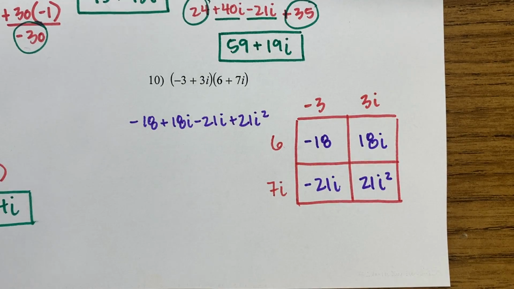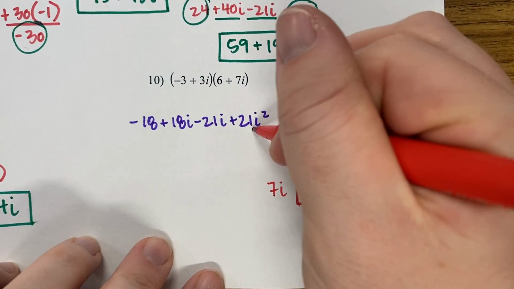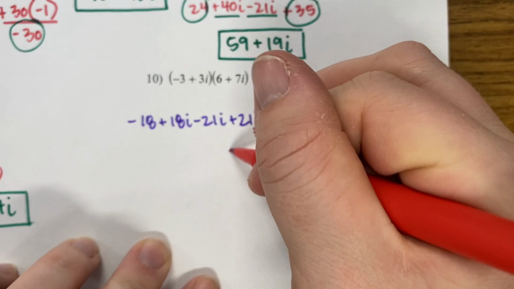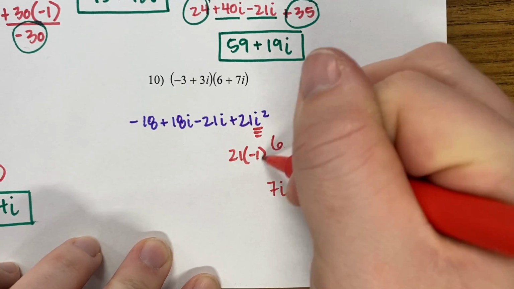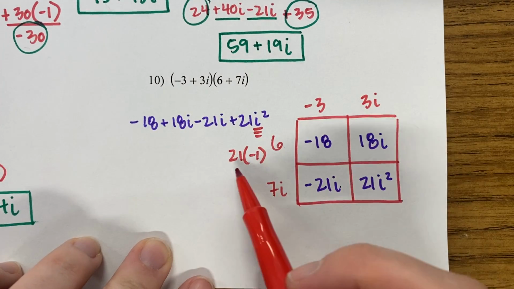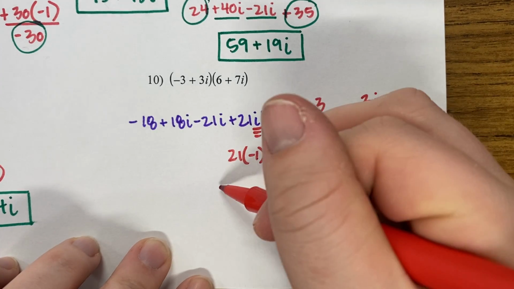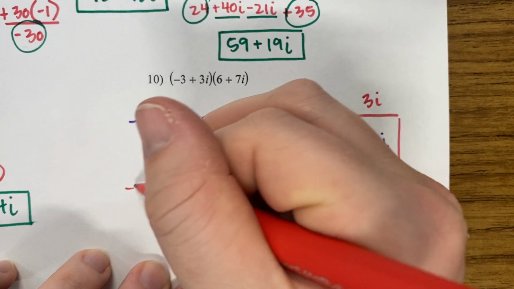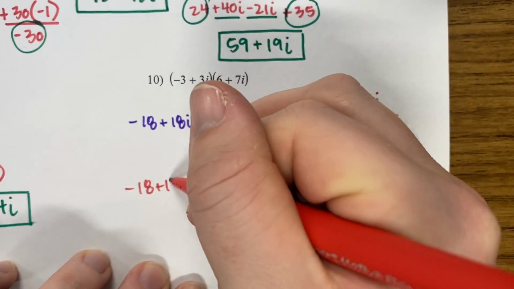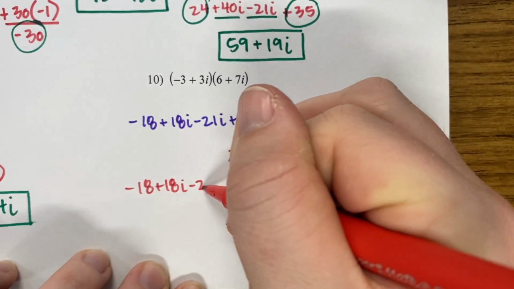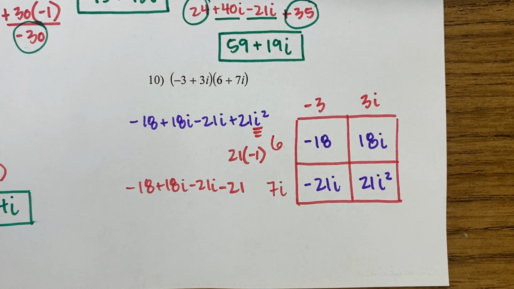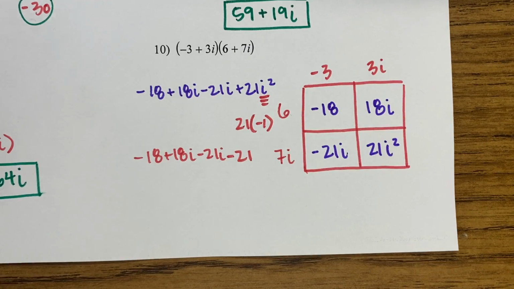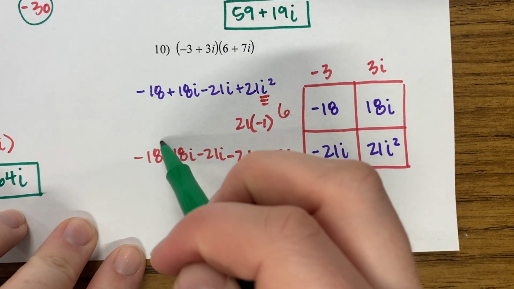Now let's worry about that rule. We have our i squared rule. Whenever we see that, this is going to turn into 21 times negative 1. Well, 21 times negative 1 gives me negative 21. I'm just going to rewrite the rest of it. Negative 18 plus 18i minus 21i. And now I can go ahead and combine like terms. Let's do our constants first.